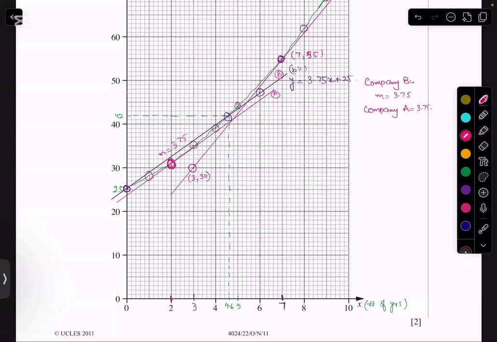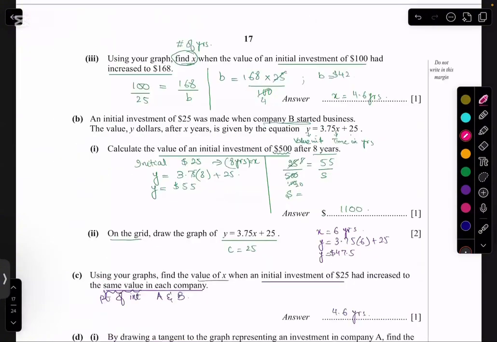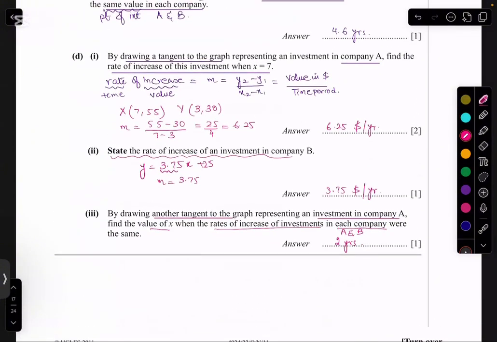So in the second year, company A's investment rate per year was the same as company B's investment rate throughout the time period. So this is what it means for part D, parts 1, 2, and then 3.